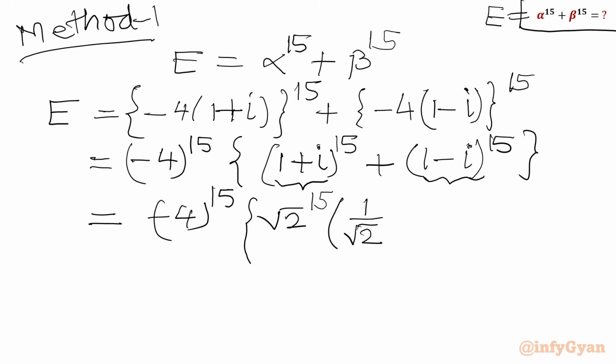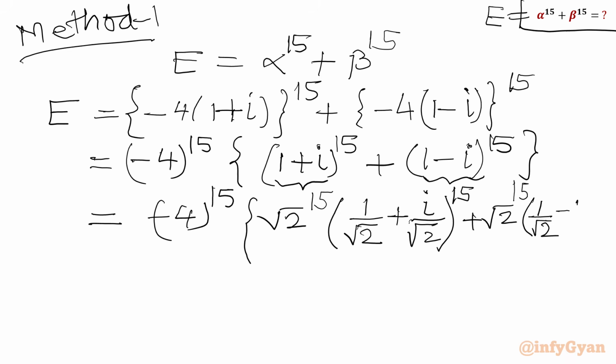So I will divide by root 2 as we have power 15: 1 over root 2 plus i over root 2, and then we will put power 15. Here also we'll write root 2 whole power 15, and then in the bracket we will write 1 over root 2 minus i over root 2 whole power 15. Bracket closed.